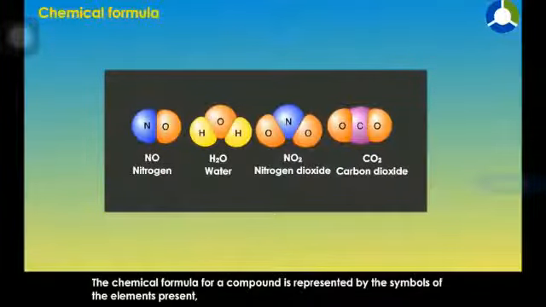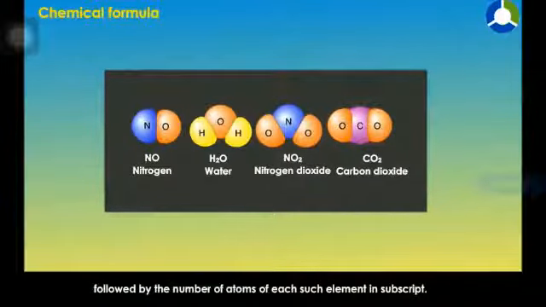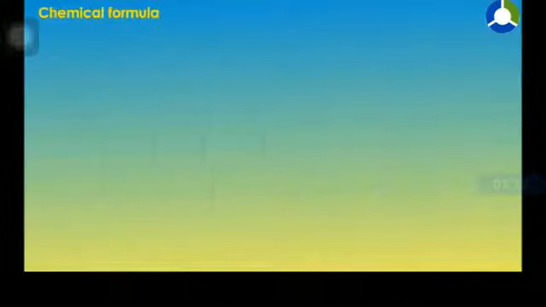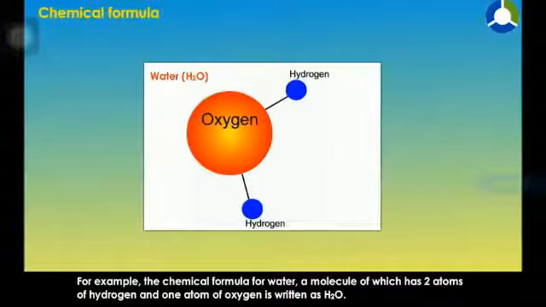Its chemical formula is H2. The chemical formula for a compound is represented by the symbols of the elements present, followed by the number of atoms of each such element in subscript. For example, the chemical formula for water, a molecule of which has 2 atoms of hydrogen and 1 atom of oxygen, is written as H2O.